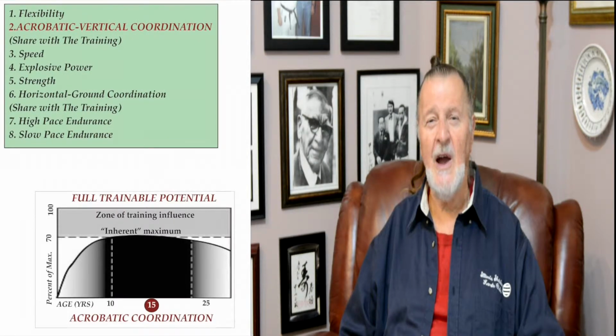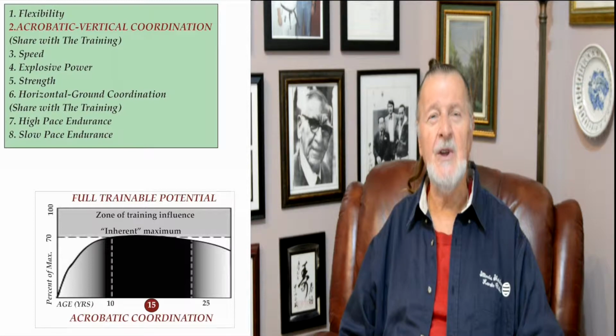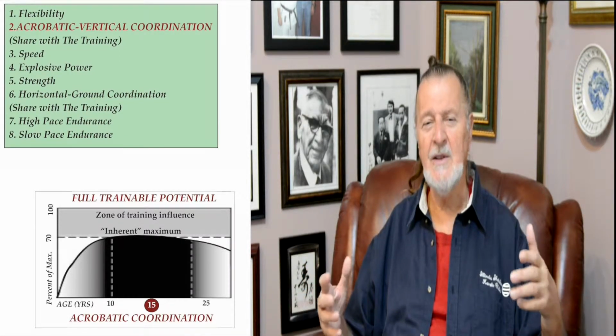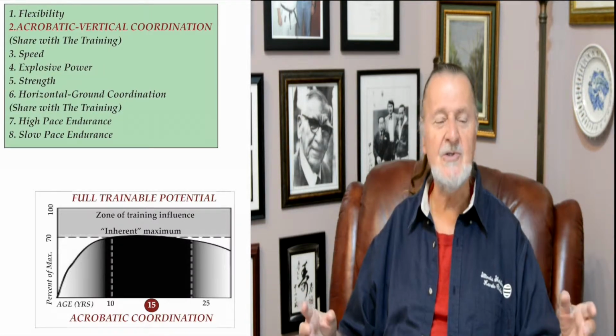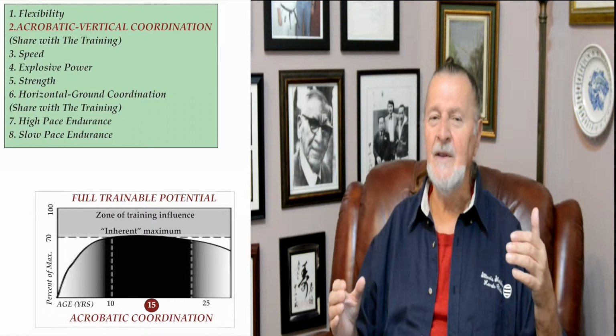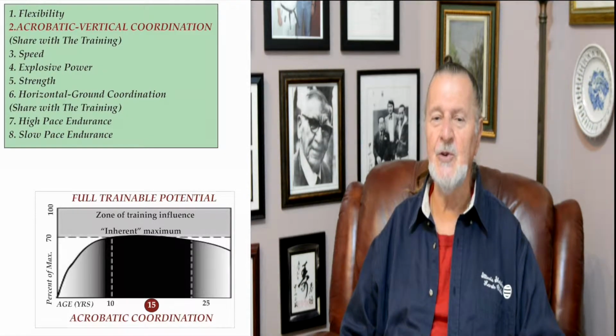The next parameter is acrobatic vertical coordination. That peaks around the age of 15. And if you watch in a dojo, athletes 15 years of age, they are jumping, they are going, they are hopping, and that's completely opposite from what you will see with older people.